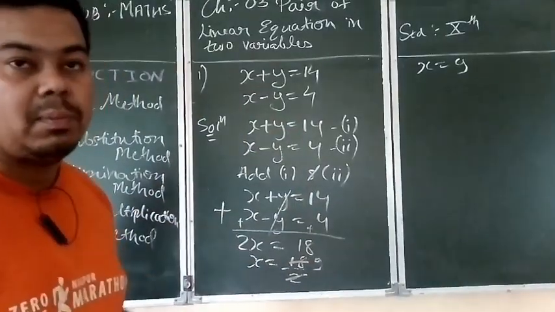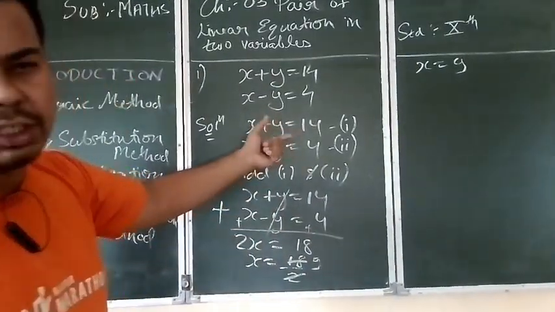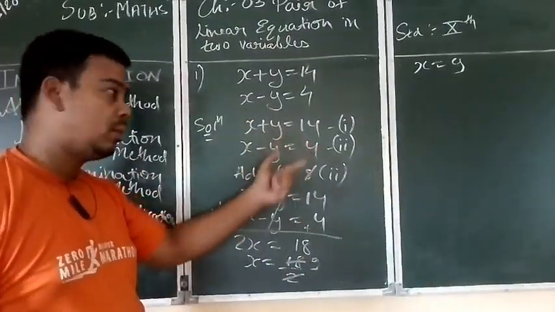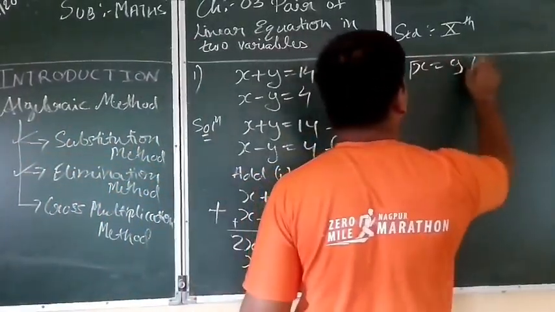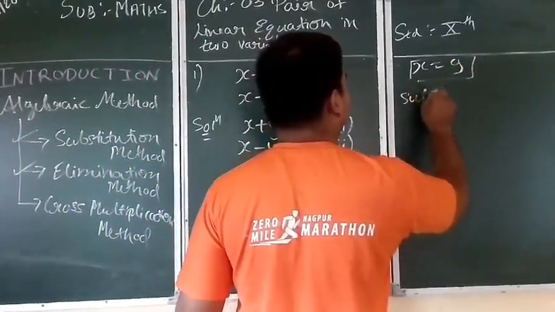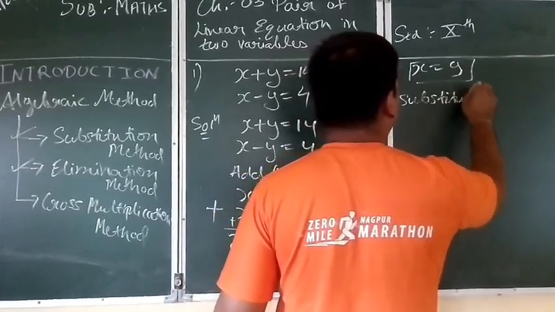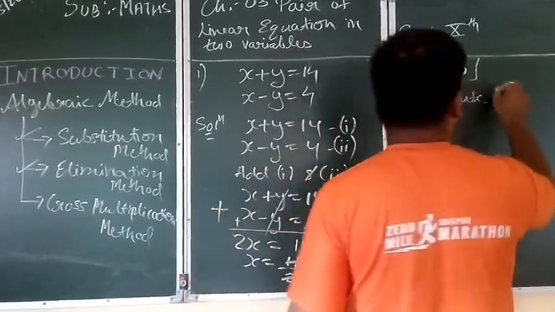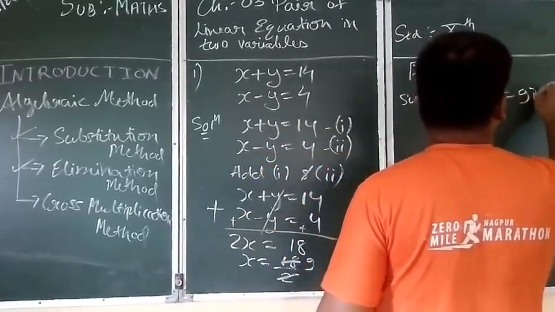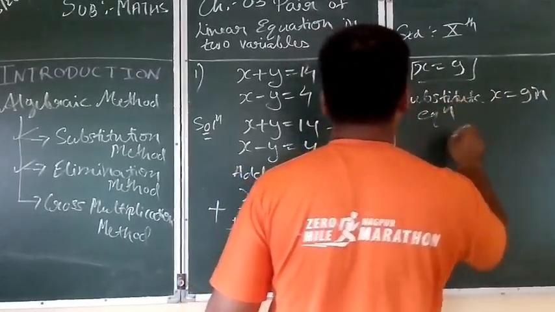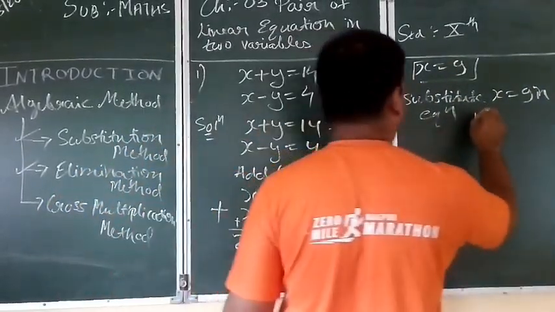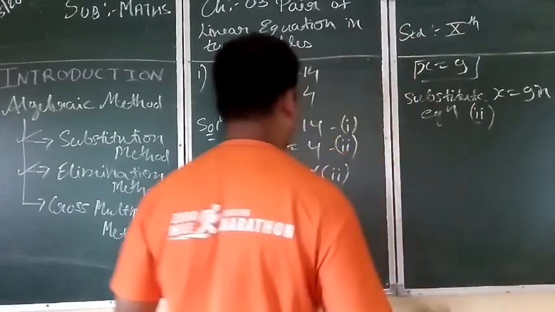Again we put the value of x in equation first or second, either one. Substitute x equal to 9 in the second equation, suppose. Okay, you can choose any one equation.